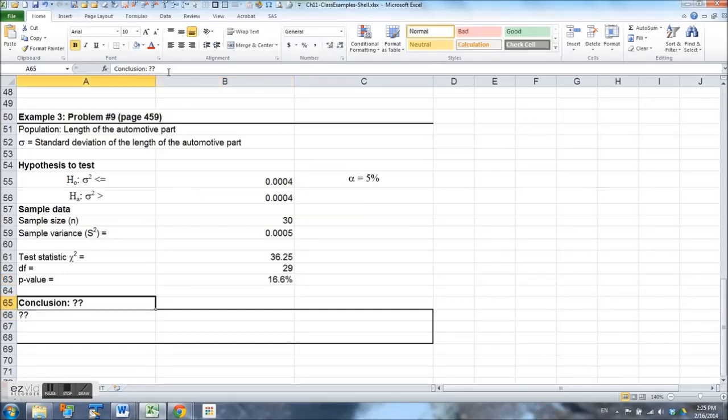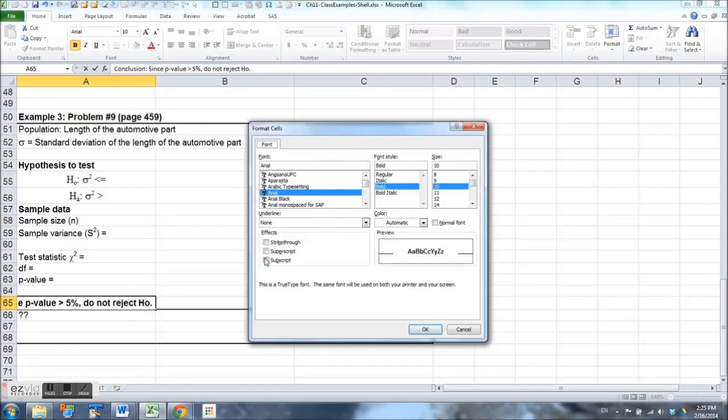So our conclusion is, since the p-value is greater than 5%, do not reject H0.